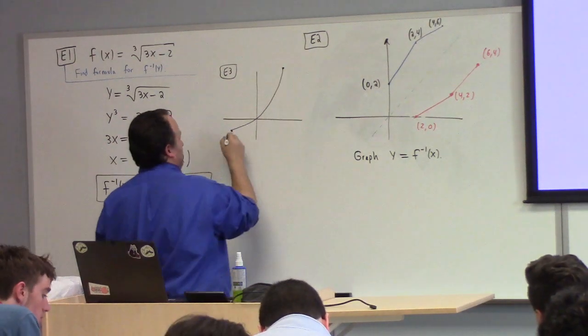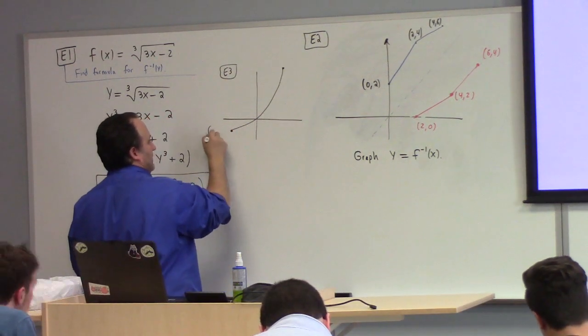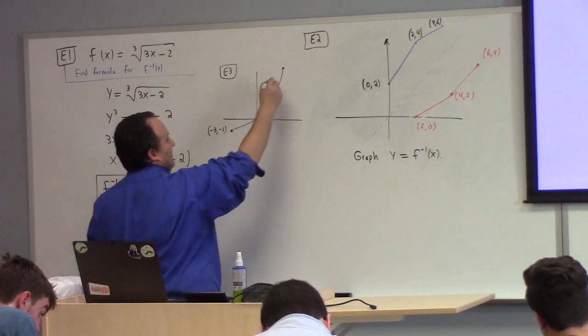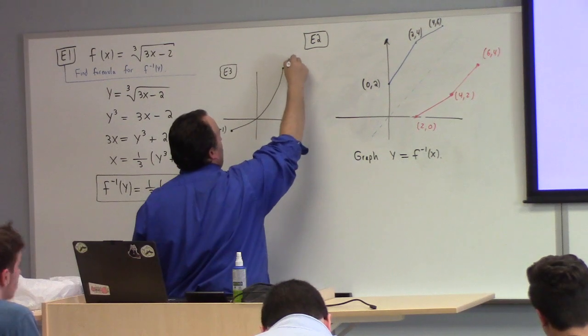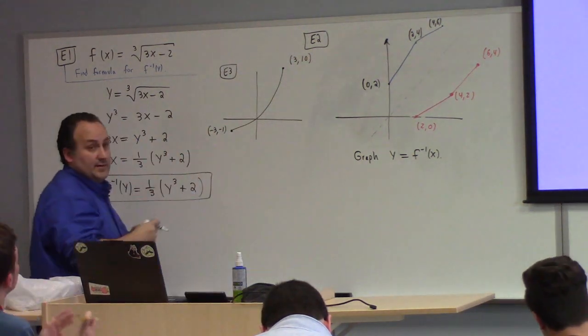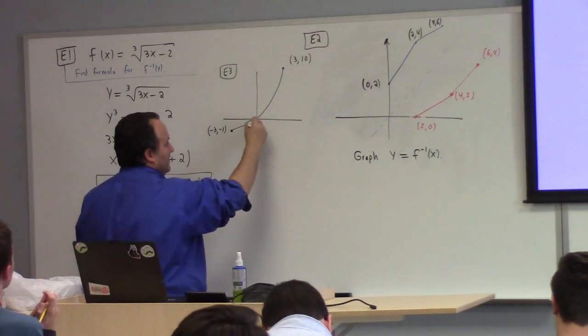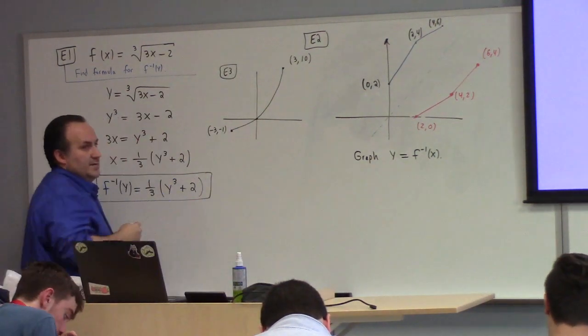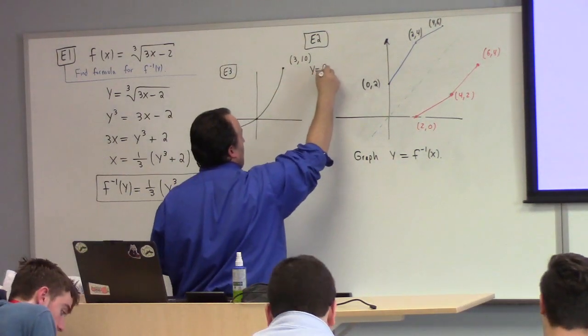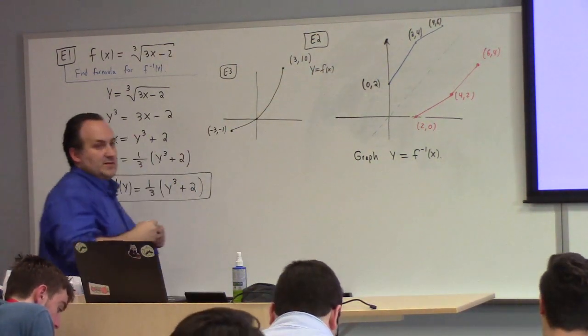So let's say this point right here is (-3, -1). And let's say it gets over here to the point (3, 10), perhaps. All right? And it's going through the origin. If this is y equals f of x, what's the graph of f inverse look like?